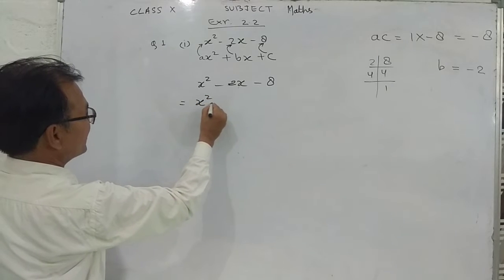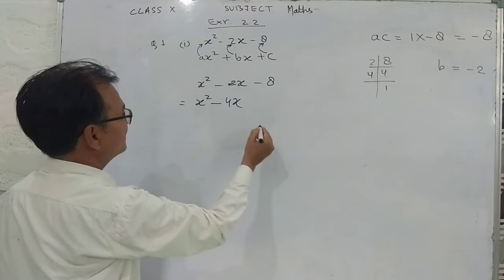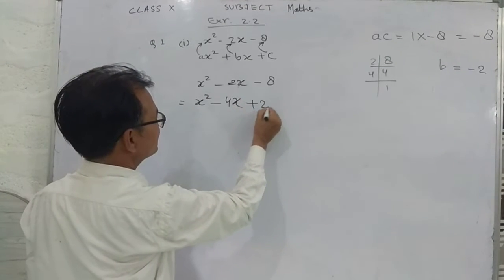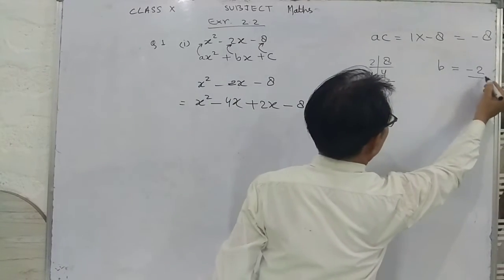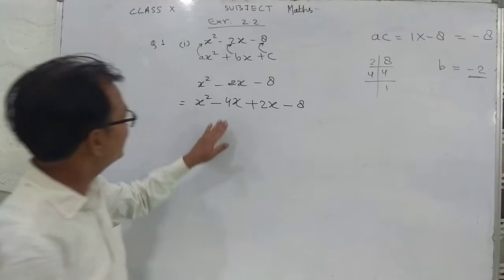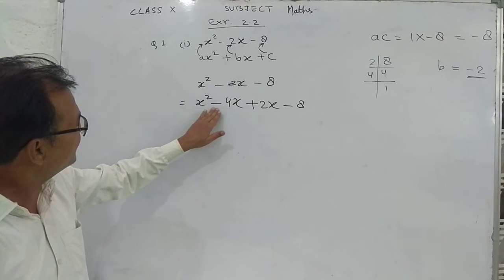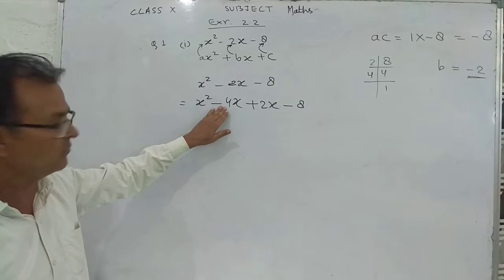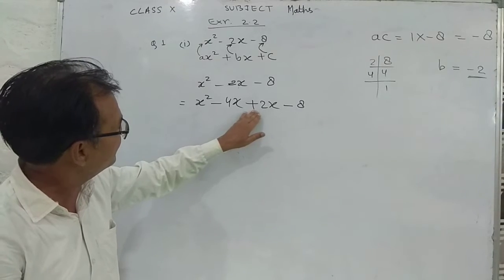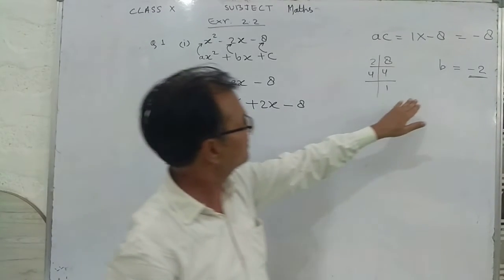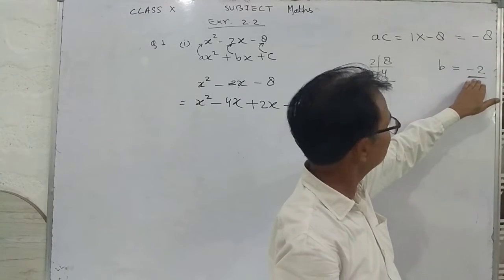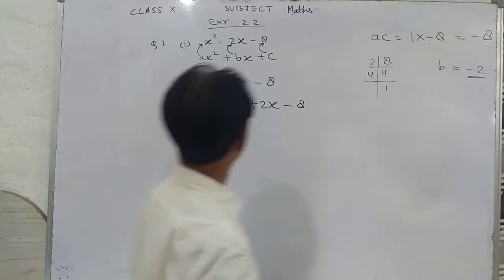This is x square minus 4x plus 2x minus 8. This is minus 2 split by taking the first integer as minus 4 and the other integer as positive 2. We will get the middle term as minus 2.